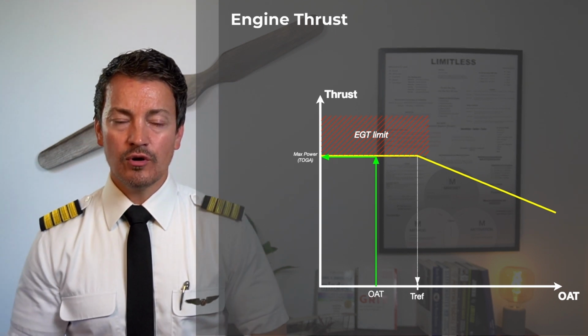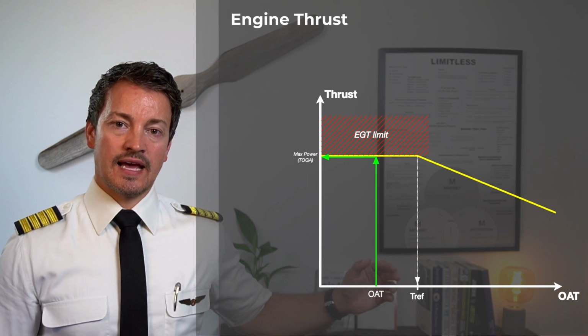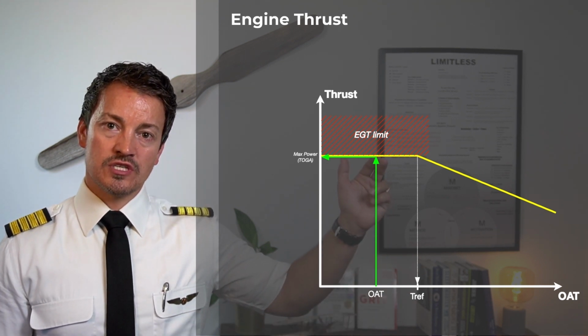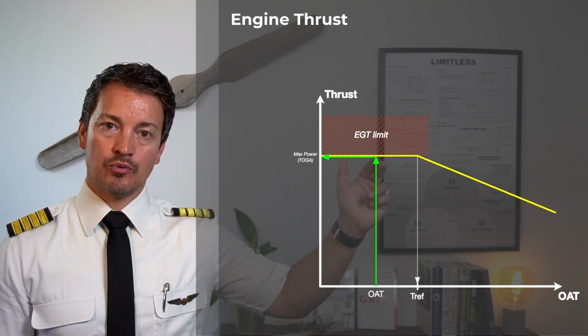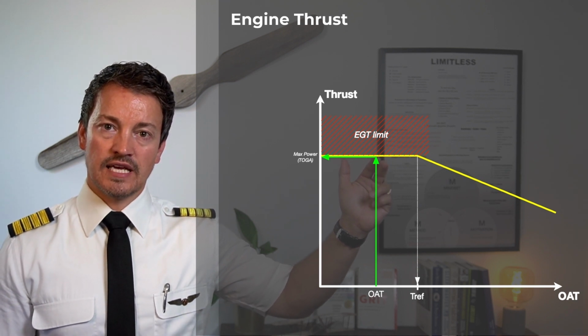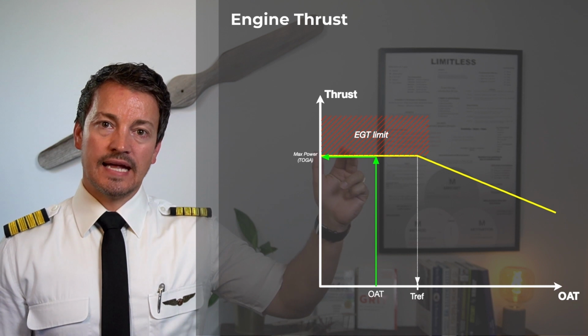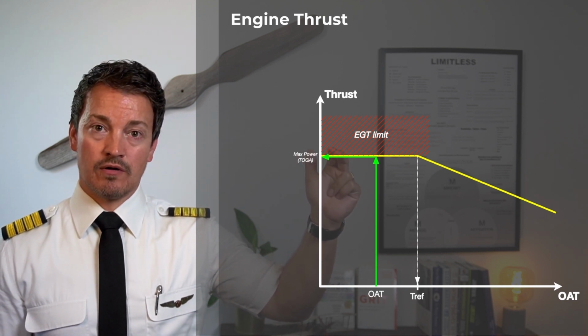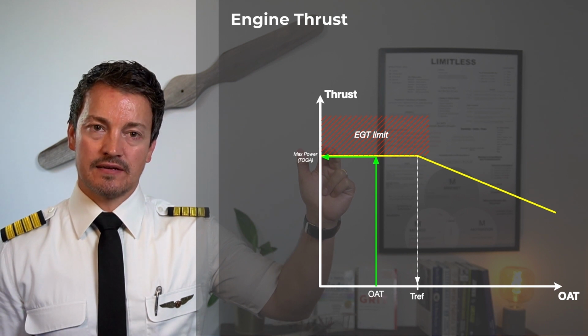Well, if you look at it like this, let's say that our outside air temperature right here is very cold. So that produces a maximum power output, which is right here. It can't produce any more. And that right here gives us maximum power. Maximum power is TOGA power. We can't get any higher power setting than that.